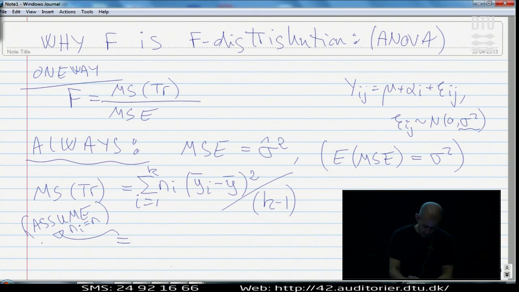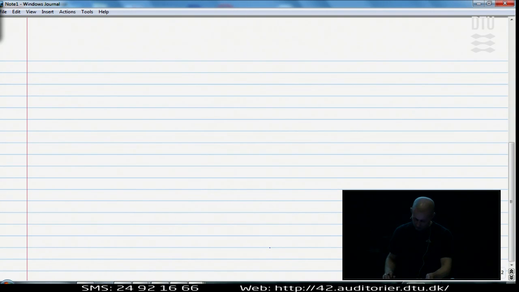So I'm going to make this assumption, and then I can show you like this. Let me write it out again. It's of course the same formula once again, where I've taken out the n, which is now the same, so I take it outside the summation sign.